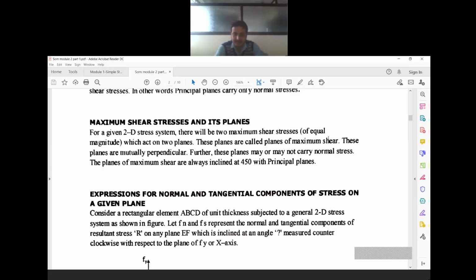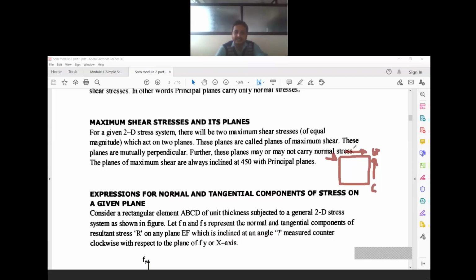So what does that mean? We shall also understand this concept with the help of the diagram. So I have this 2D plane. If this is the maximum shear stress, and if this is the minimum shear stress, so we have A, B and C, corners.